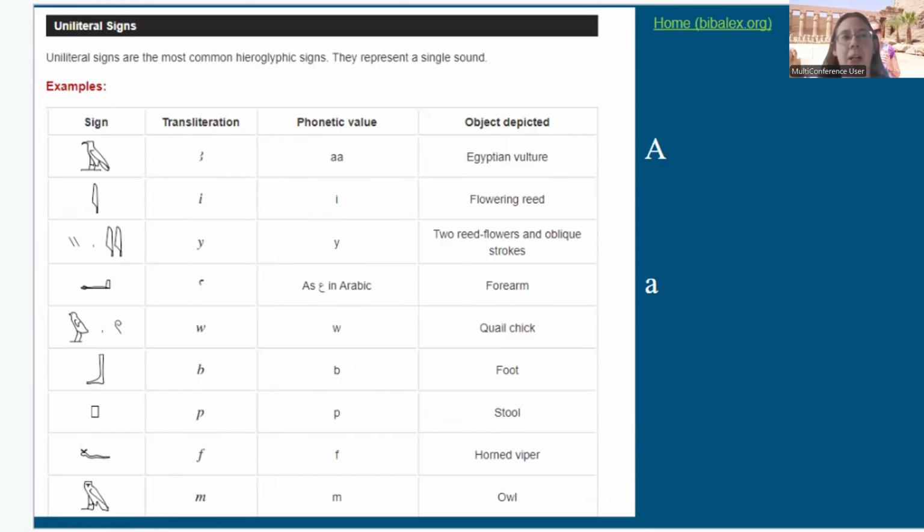And so if you memorize the phonetic signs out of order, it then becomes harder for you to use dictionaries and quickly find words.